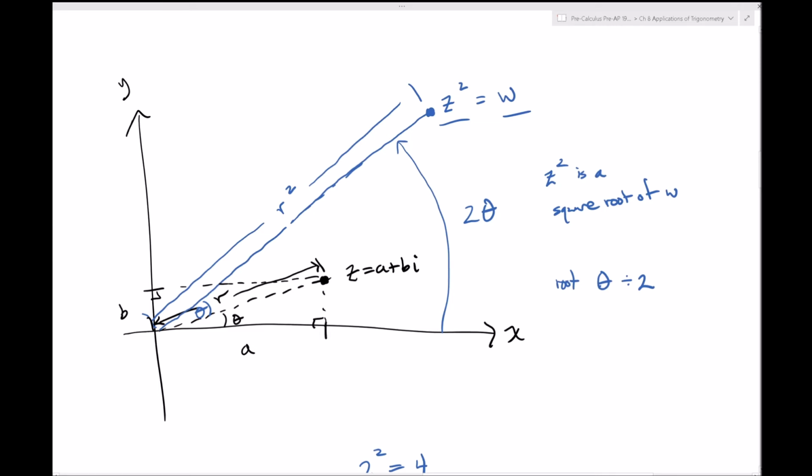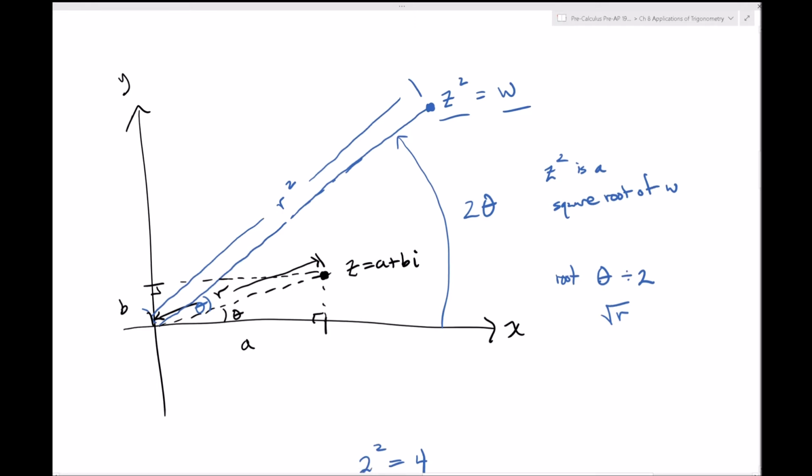If you squared by doubling the angle, you're going to take the square root by dividing the angle by 2, cutting it in half. And you're also going to take the square root of r for the new modulus. Because we squared the modulus to find the new modulus, to go backwards you take the square root to find the original modulus. So you take the square root of r, and then you divide the angle by 2.